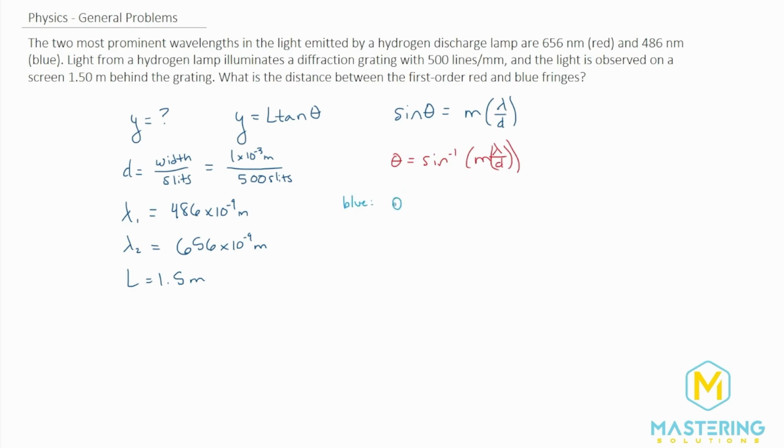We have theta is equal to the inverse sine, and they want the first order for the red and blue fringes, so we'll use m of 1, times lambda for blue is 486 nanometers, negative 9, and that's over d, which we said is 1 times 10 to the negative 3 meters over 500 slits.